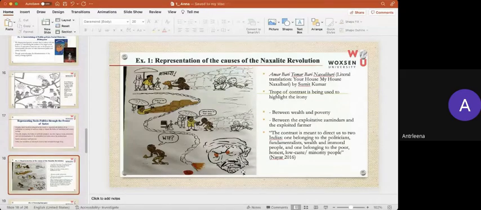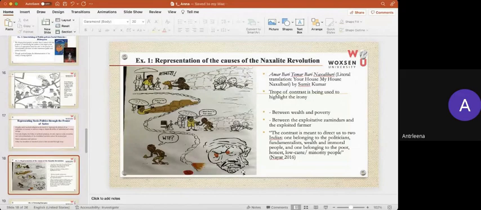His family is suffering. So this is a trope of contrast, used to highlight the irony. Even though when he says, "This is for you," there might be an ironical laugh on your face, you understand the pain behind it, right? And you can see that there is a rope separating the panels.